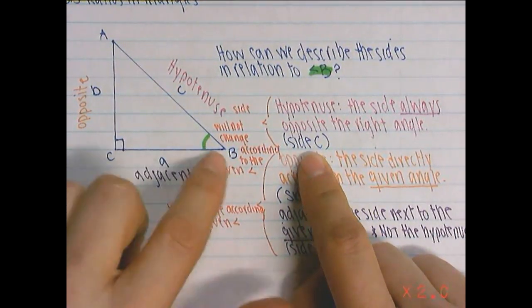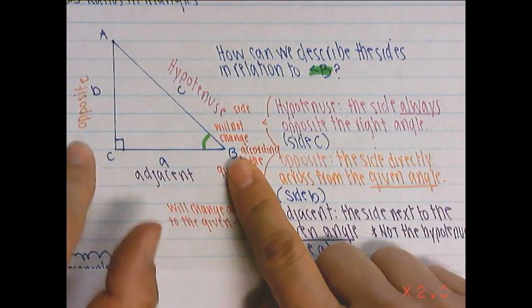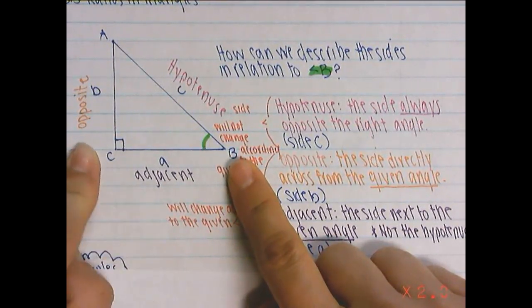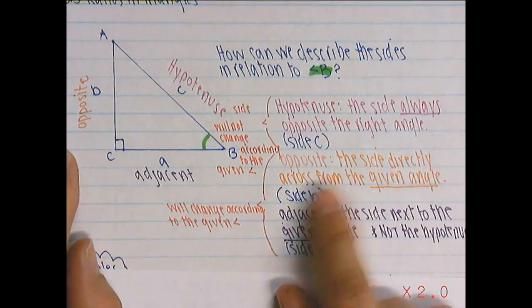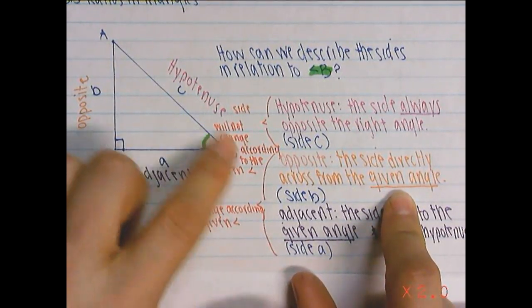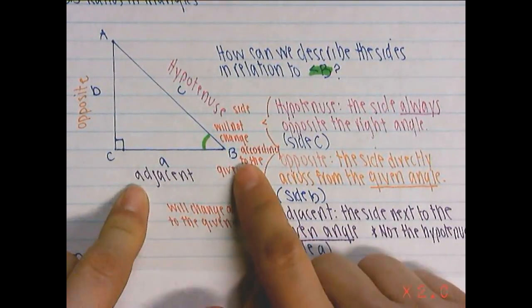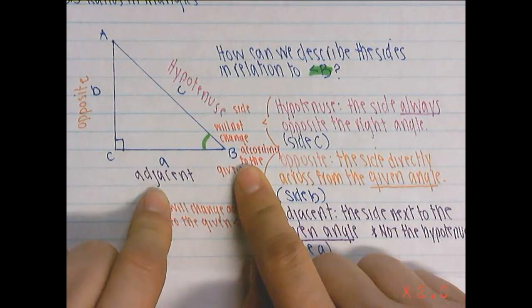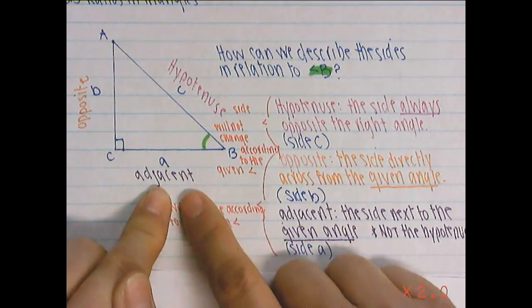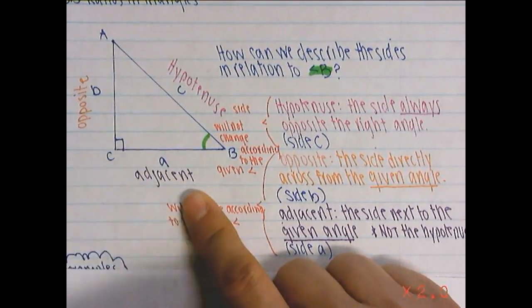Then we look from angle B, and this is opposite, over here, opposite of angle B. Here I've written opposite: the side directly across from the given angle. The given angle here is B. And then, if you look right from angle B, the side touching it is the adjacent side. We can't use the hypotenuse as the adjacent side because the hypotenuse is just the hypotenuse.